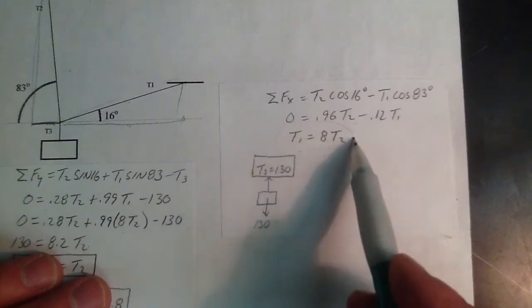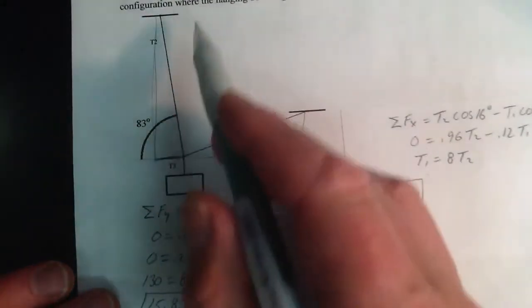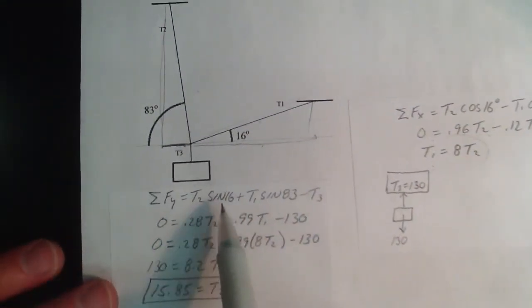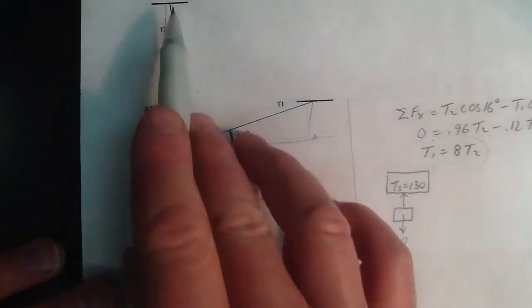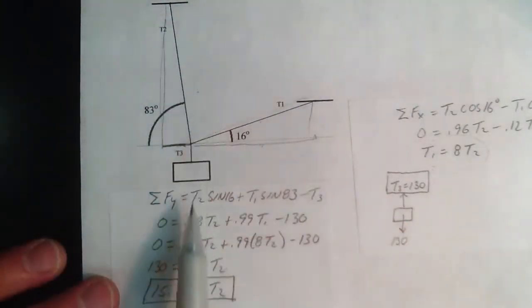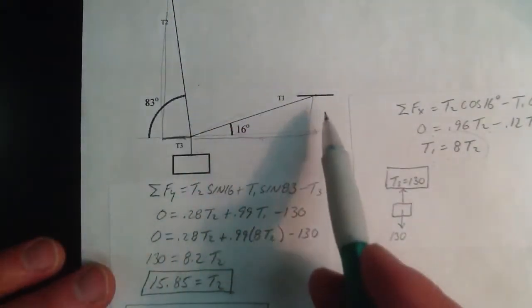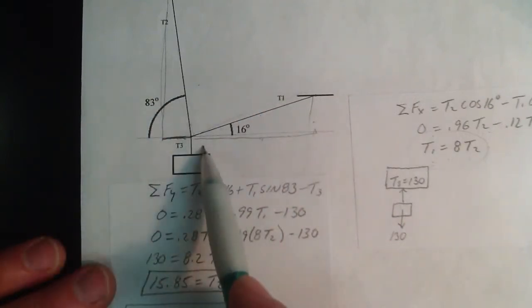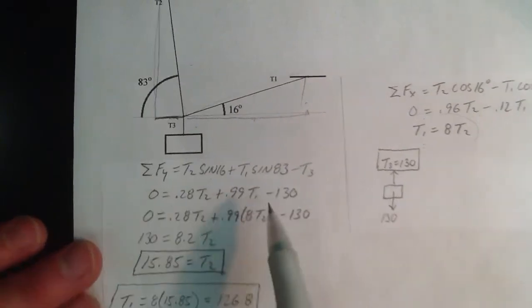But I'm going to need this statement for a substitution into my other equation that I developed for my equilibrium in this direction. This is my equilibrium statement, forces canceling each other out in this direction. The y component of this plus the y component of that minus the y component of that has to equal 0.